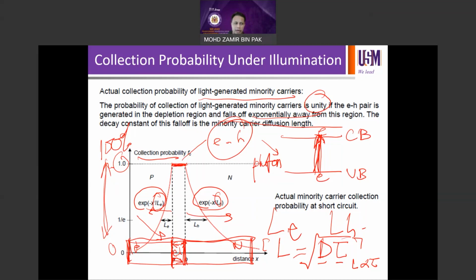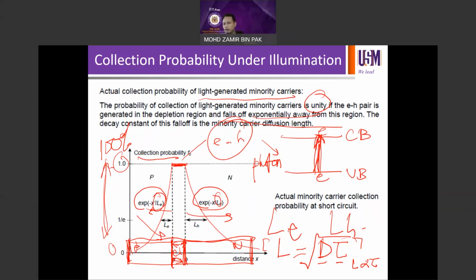So if you have a very low minority carrier lifetime, then you should expect that diffusion length is very low. And eventually, you can relate that to collection probability in the device as well. So that means if you start off with a very low minority carrier lifetime, you should expect your collection probability to be very low, right? Minority carrier lifetime leading to diffusion length, leading to collection probability. So low here means low here as well.